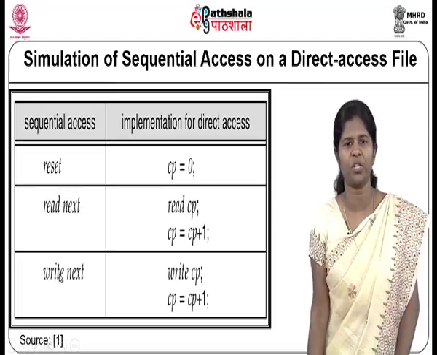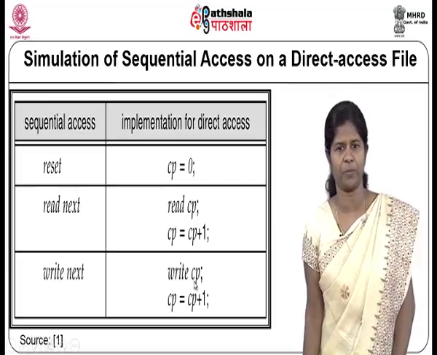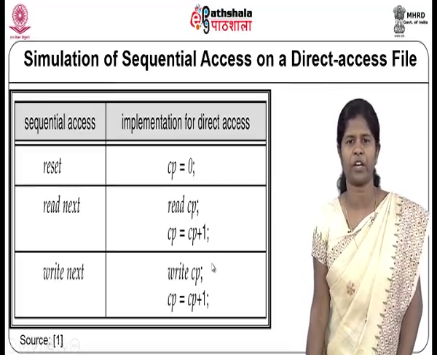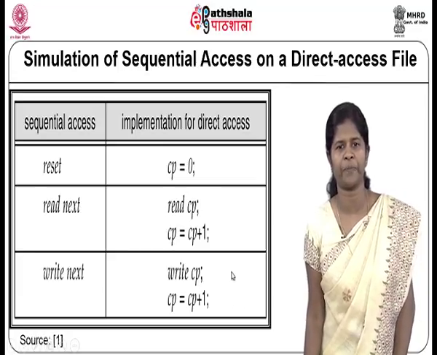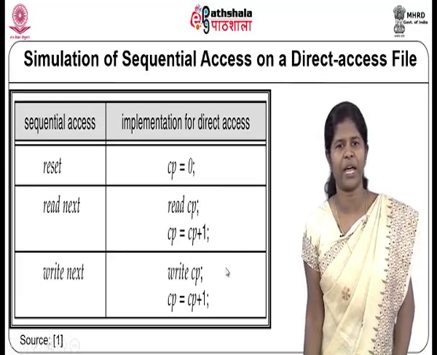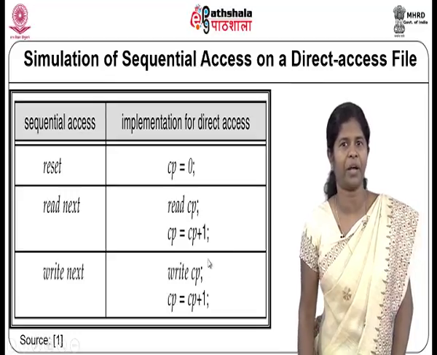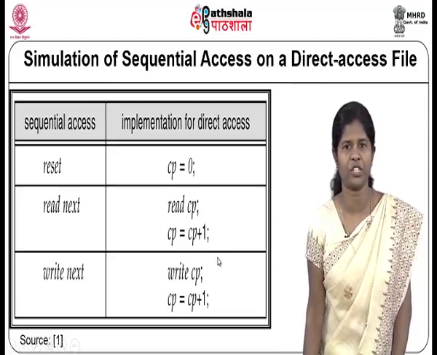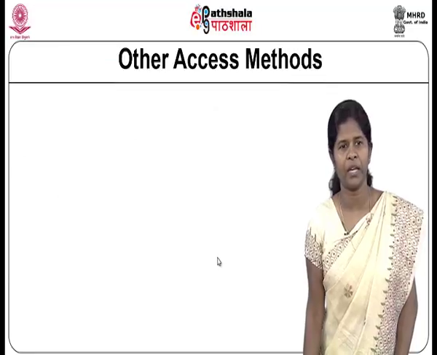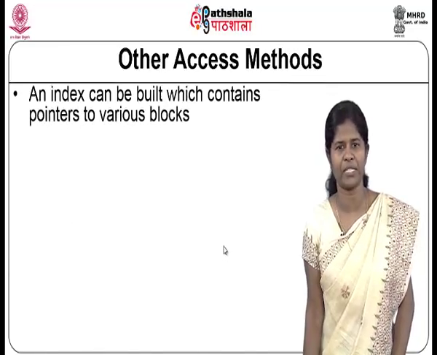Similarly, for writing the next, you write at the current position and then increment it to current position plus 1. So, you can simulate sequential access on a direct access file, but direct access cannot be simulated on a sequential access file. It is also possible to have other access methods.